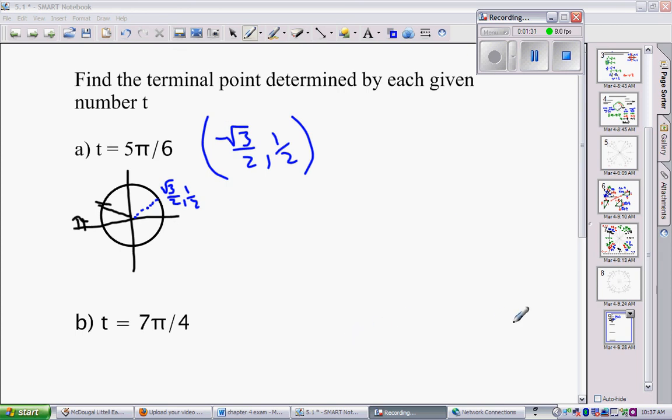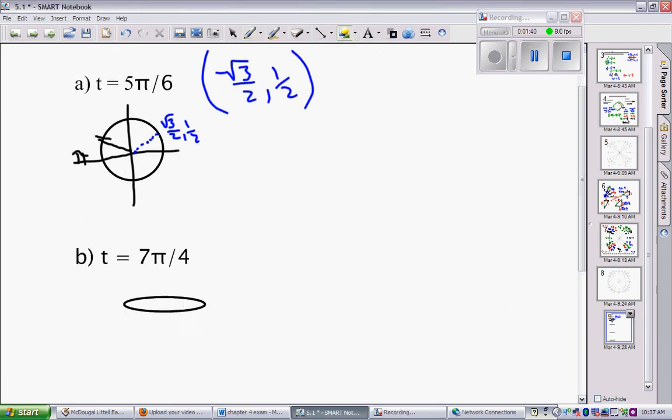For the next terminal point, we know t is 7 pi over 4. So on the unit circle, you're almost at the full 2 pi. You're just a quarter away from it.